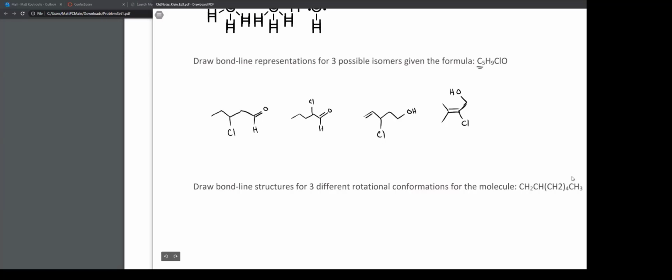That's a single bond right there. Okay. And I can even draw ones with rings. There's many, many ways you could do this one.